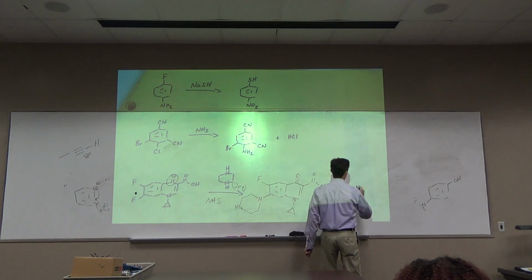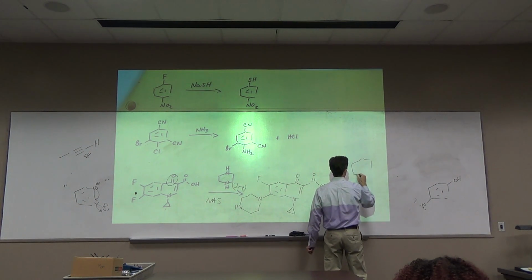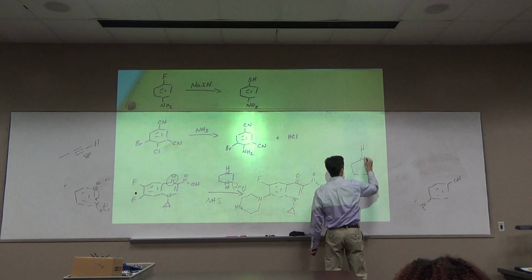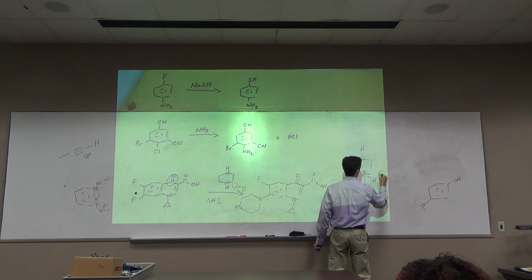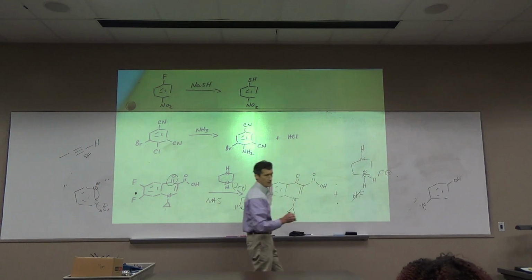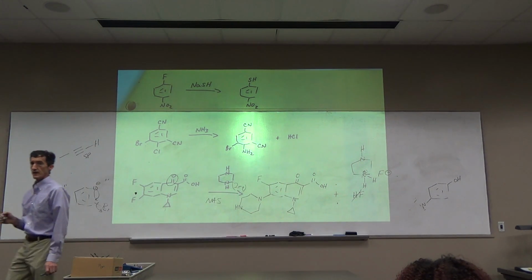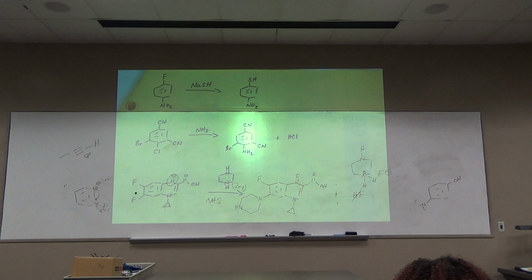That way, instead of making HF, you're going to make the salt there. So one equivalent to react and the other equivalent to react with the HF.